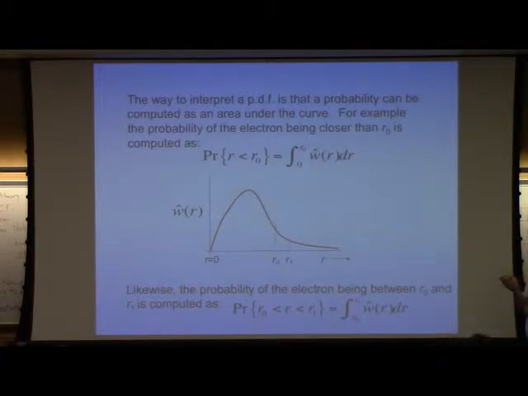So one way to interpret this is that if you pick two distances, say R0 and R1, then the probability of finding it at any distance less than R0 is the integral of the whole area under here. You could also do the probability between R0 and R1, where you integrate over R0 to R1 of this W hat function.